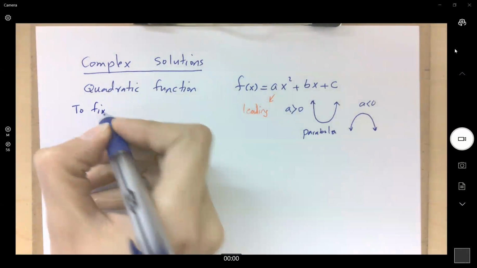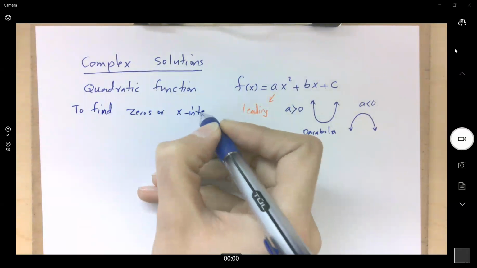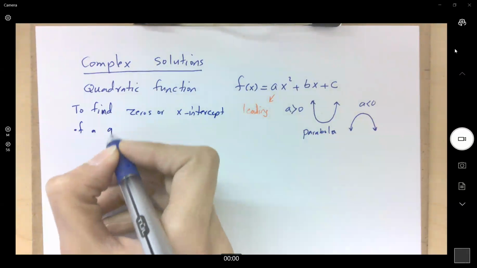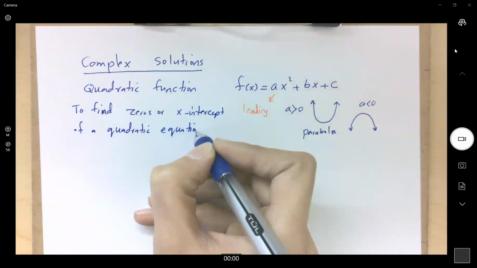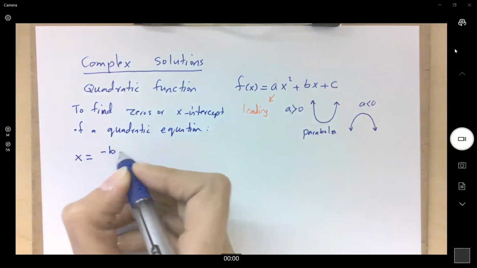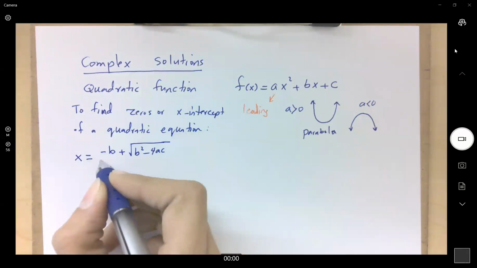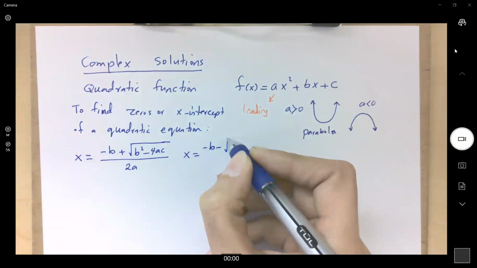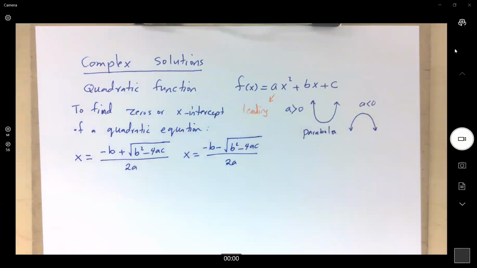To find zeros or x-intercepts of a quadratic equation, we can always use x equals minus b plus square root of b squared minus 4ac divided by 2a, and x equals minus b minus square root of b squared minus 4ac divided by 2a.